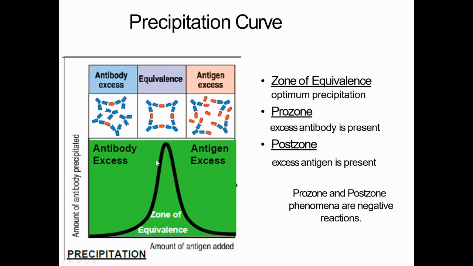If the antigen is present in excess amount, that will go to the post zone. Whenever the antibody is excess, you will get it like this. Whenever the antigen is excess, you will get it like this. In case of equivalence, you can get the reactions like this. Clear? This is the precipitation curve.